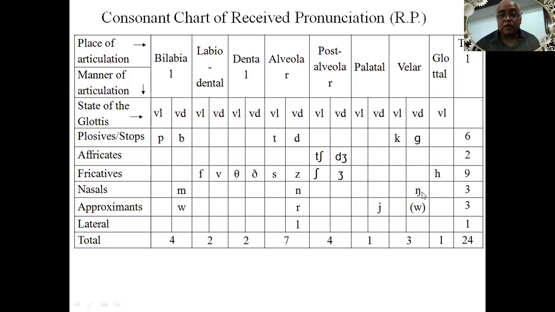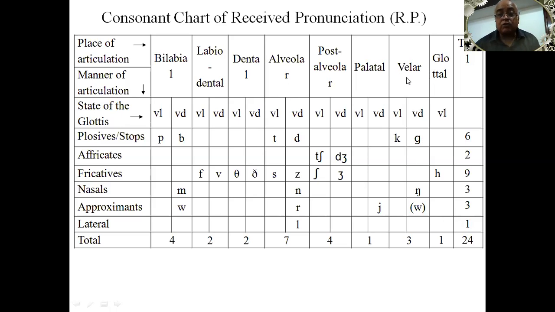And the last one here in nasals is ng. Ng is a voiced velar. Voiced because, as in the earlier cases, the vocal cords are held loosely together and the air passes through. There's a lot of vibration in the vocal cords, in the glottis. This was the state of the glottis.